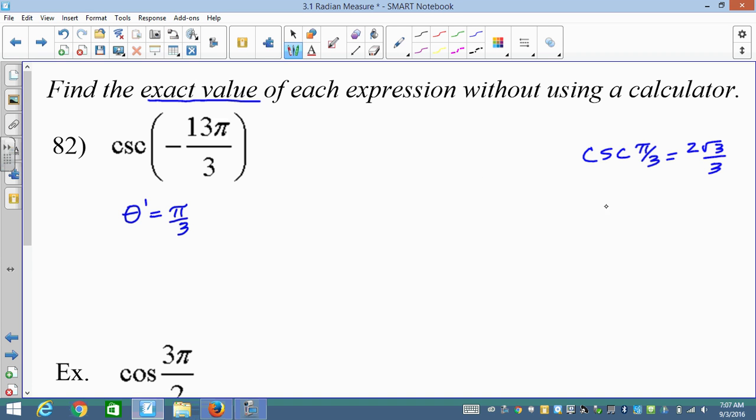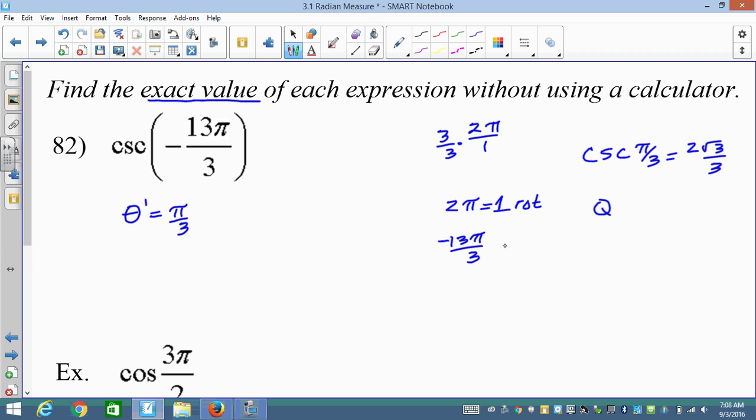The question is, what quadrant are we in? So this is where you have to do some math. So remember, 2 pi equals 1 rotation. So I have negative 13 pi over 3, and since I have a denominator of 3, I need this guy to have a denominator of 3, so I will simply multiply by 3 over 3.